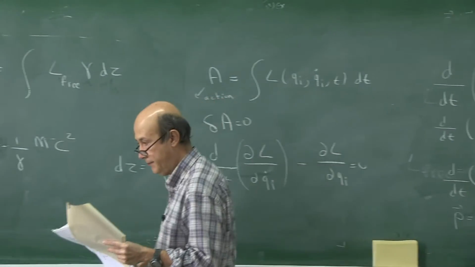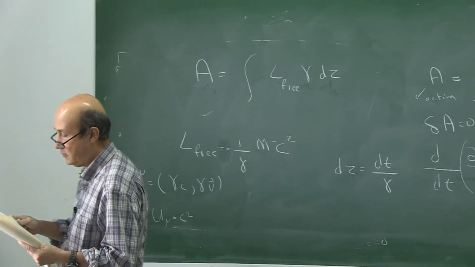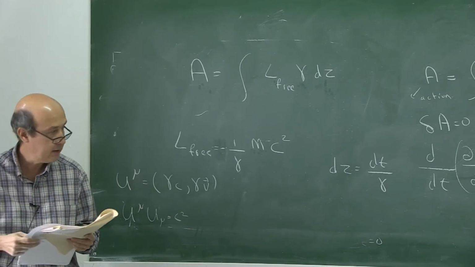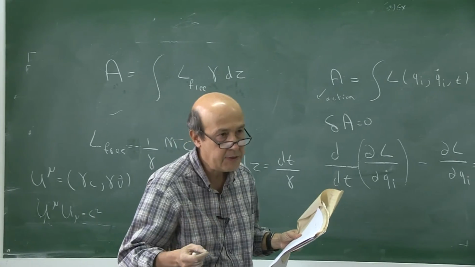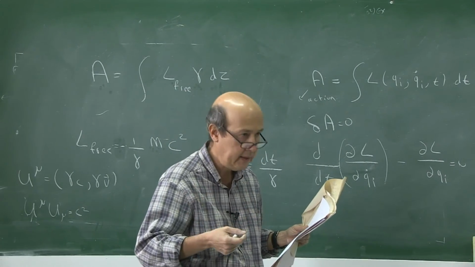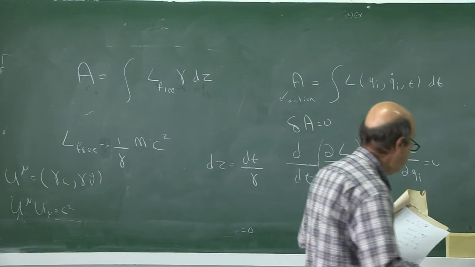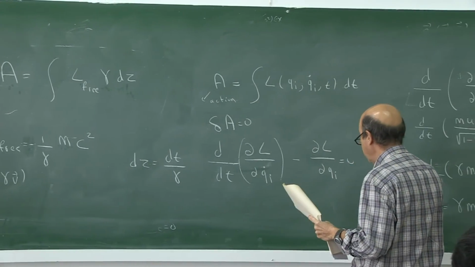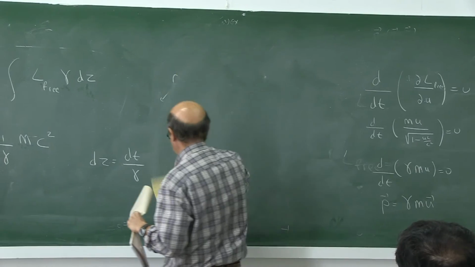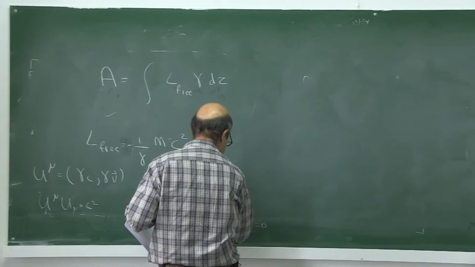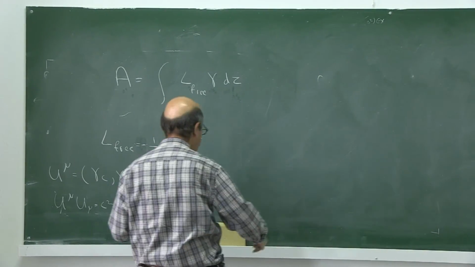So far the Lagrangian for the free charged particle is working well. If you know that Lagrangian, you can calculate the Hamiltonian and the energy. So let us look at the energy and the Hamiltonian of the free charged particle. As I said, there is no interaction with the electric and magnetic field.